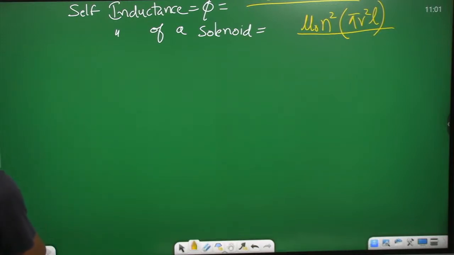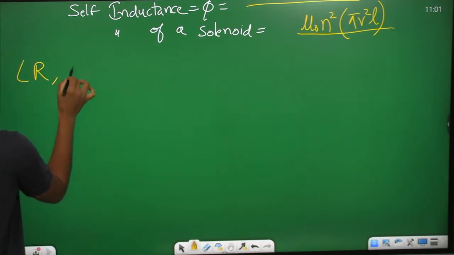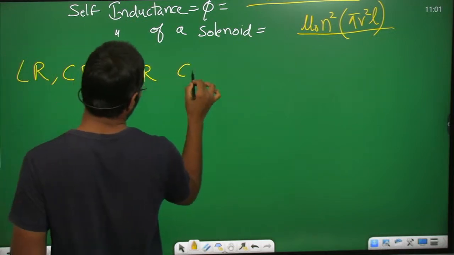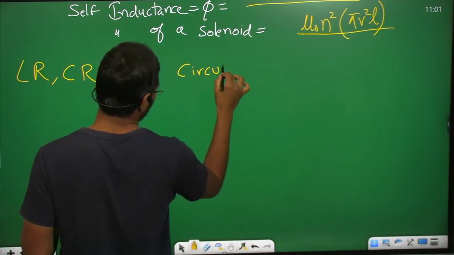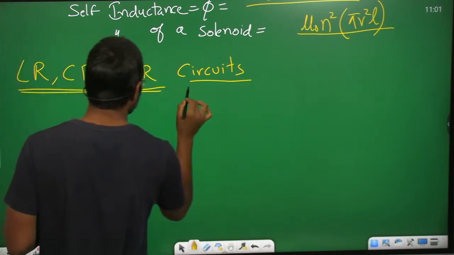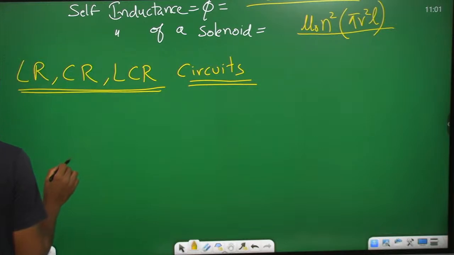Now let us try to look at the LR circuits, LR, CR, LCR circuits. You can expect direct questions from these basic formulas. First let us look at the LR circuit, growth of current in LR circuit.